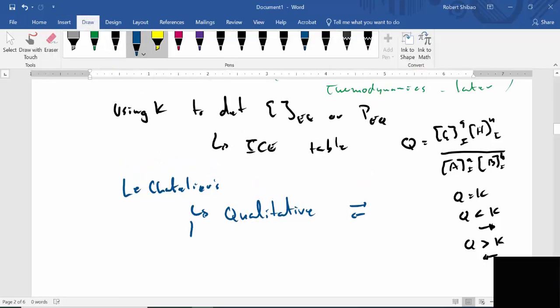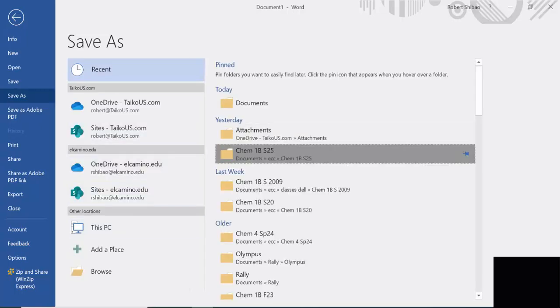Okay, the other way we could do Le Chatelier's is quantitative. And so I want to do a calculation where we do Le Chatelier's quantitatively. Save this.